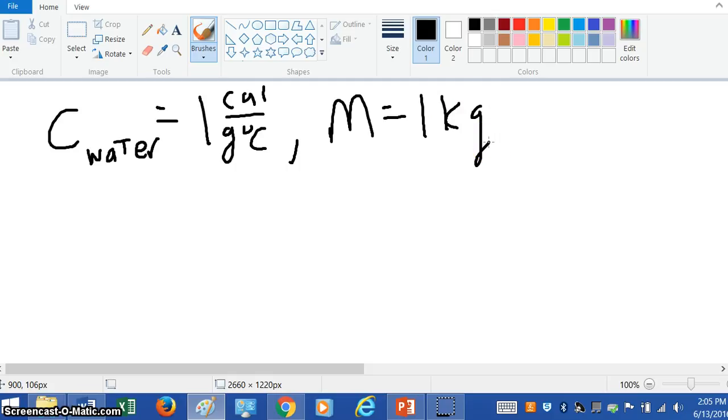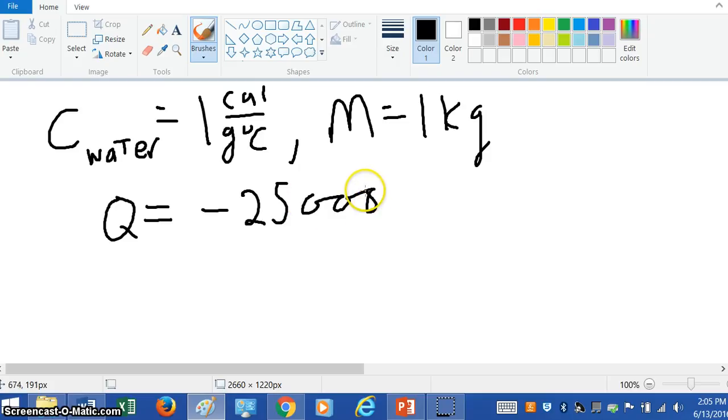Okay, and we know that, let's say the amount of heat added to the water, or actually let's take the heat away. So we'll make it negative. Okay, so this is going to be negative, let's say 25,000 calories.